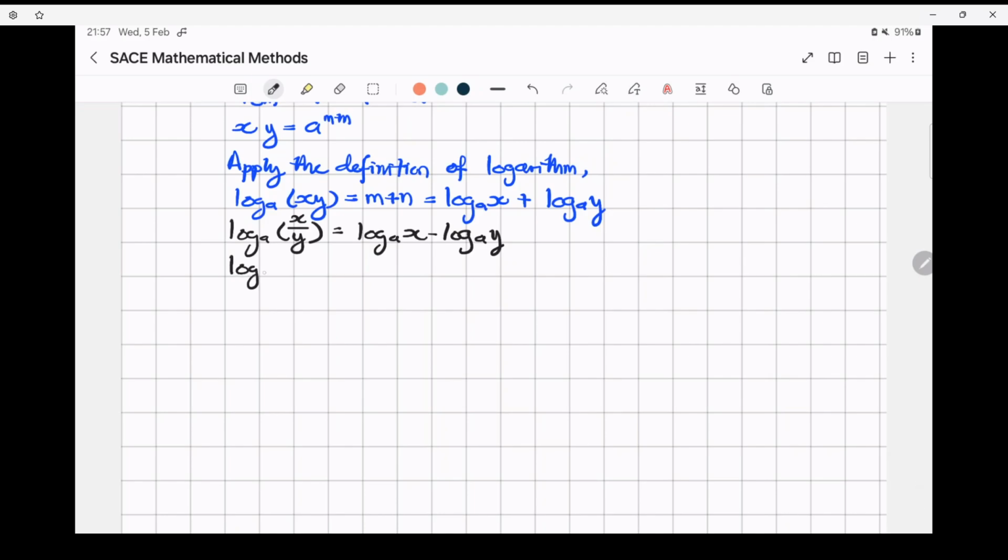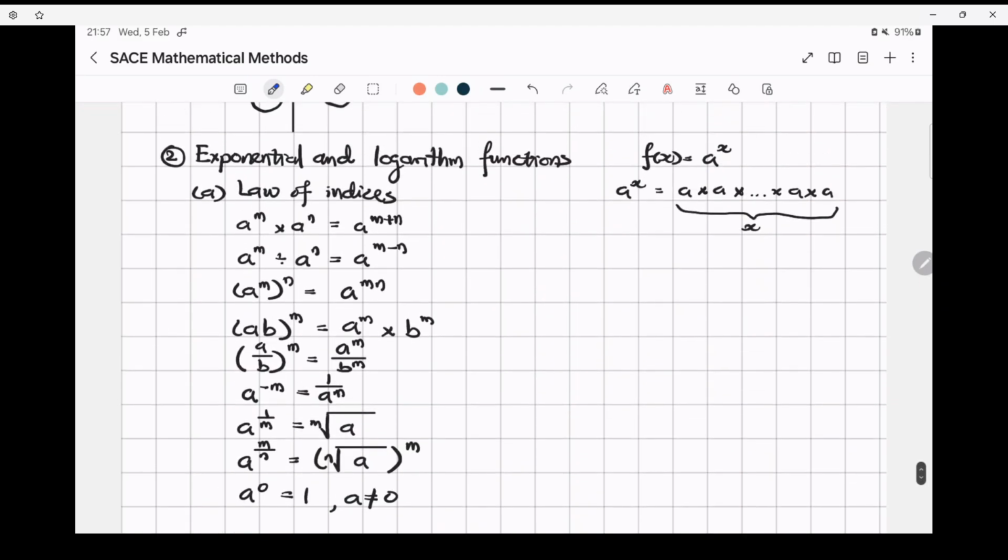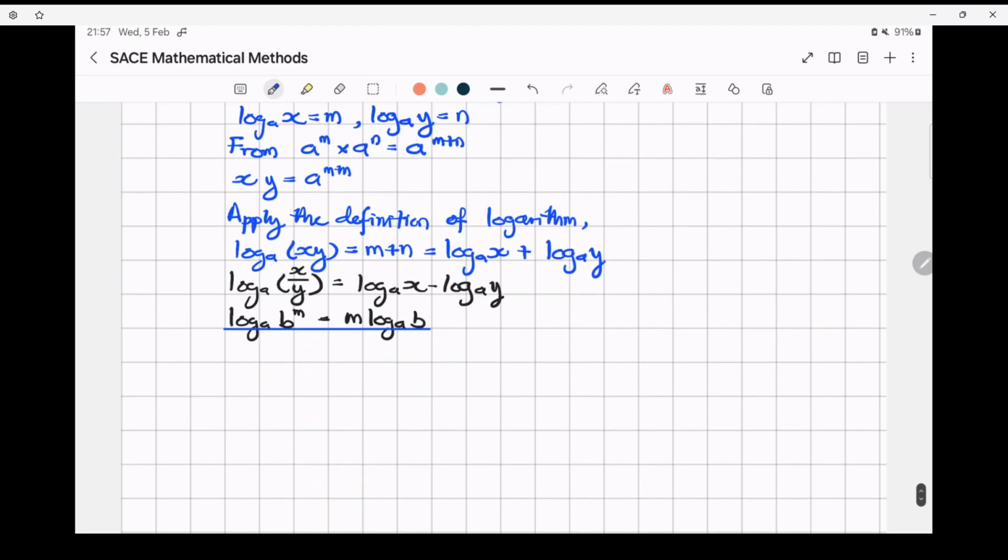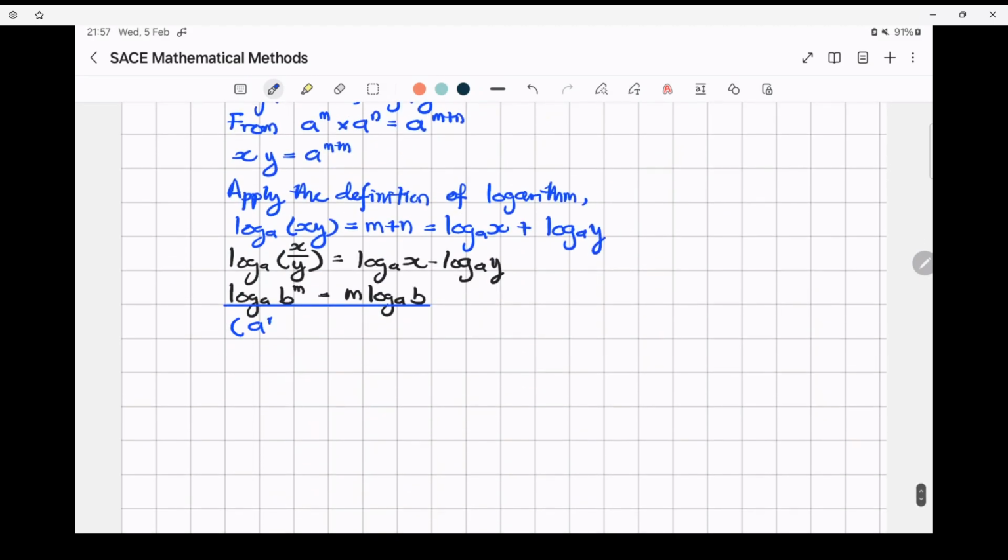So the next one is log base a of b to the power of m equals m log base a b. So how do we prove this? The beginning one is using this particular law of index. What we need to use is a to the power of m n equals, for this demonstration, we switch up the position of n and m.